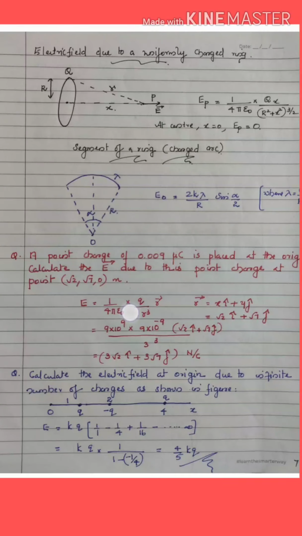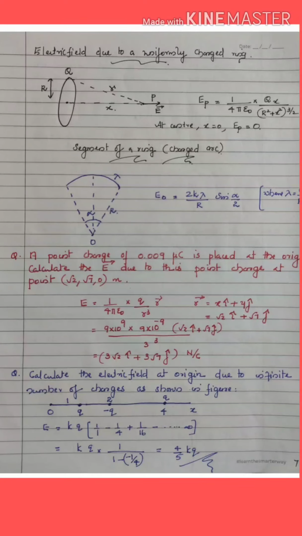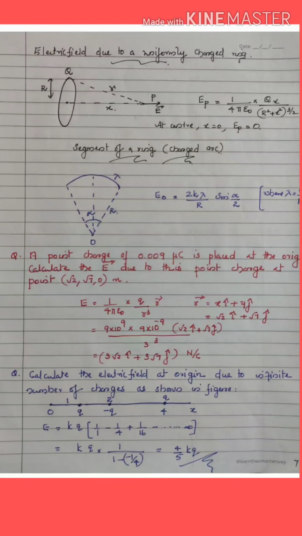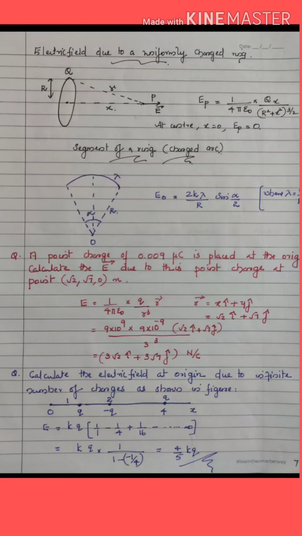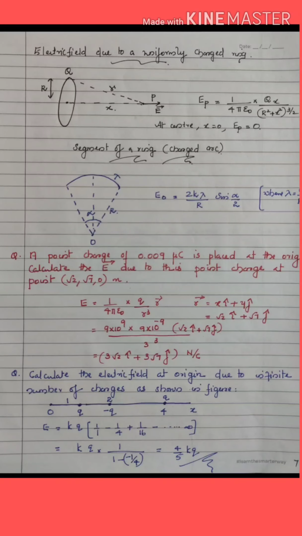Then you know the electric field takes the value 1 by 4 pi epsilon 0 Q by r cube into vector r, or Q by r square into r cap. But here we have vector r, so just multiply it. Then r cube is what? Take the magnitude of r as the root of root 2 square plus root 7 square. You get the value as what?